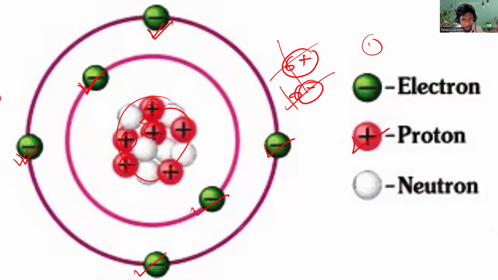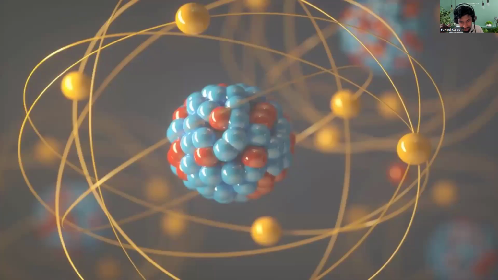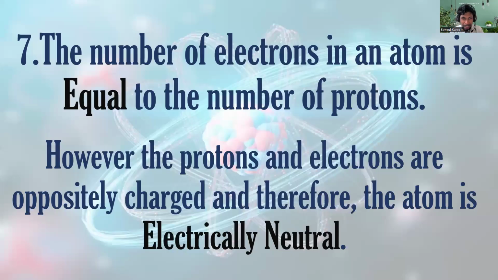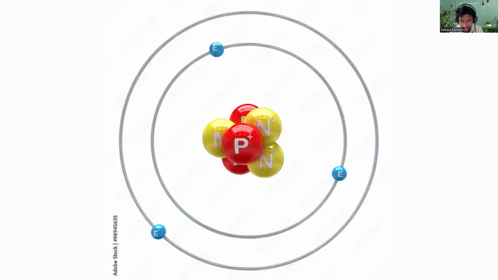Is it clear? Or shall I explain again? The number of electrons in an atom is equal to the number of protons. Number of protons and number of electrons are the same. So the plus and the minus will get balanced. Here in this image you can see, right? Number of protons is 3.